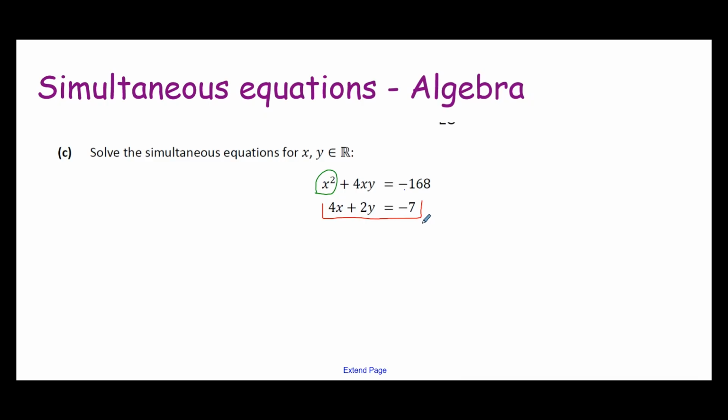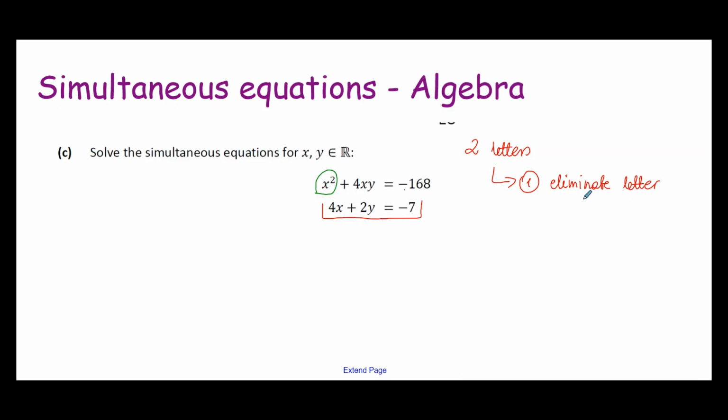Now, let's pause for a minute to understand what we are trying to achieve with simultaneous equations. With simultaneous equations, we have two letters. Doesn't matter what kind of letters. The idea is that in the first step I need to eliminate one of the letters, whichever one is easier for me.